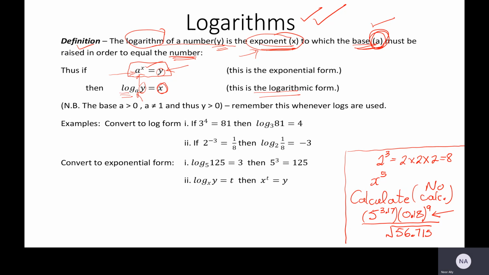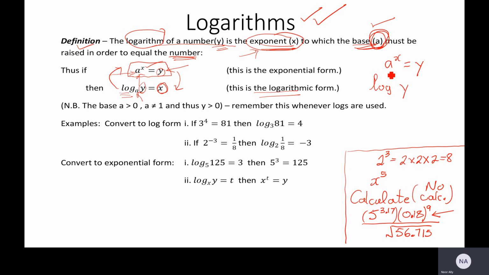And that is the first thing you must be able to do, to convert from exponential to log and log to exponential. So look at that carefully. Your exponential form, a to the x equal to y. What's the corresponding logarithmic form? Well, we use the abbreviation log, there's the number y.